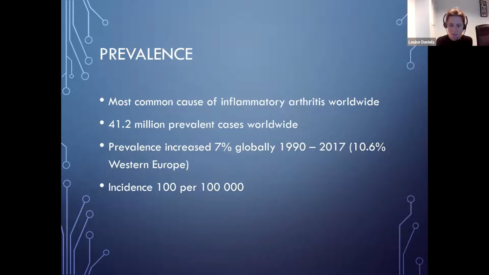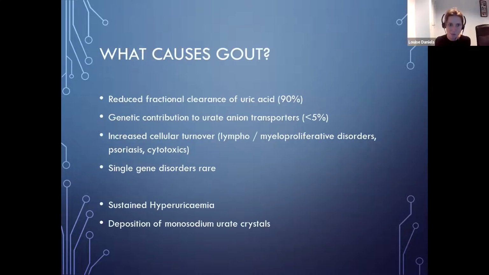There was a recent paper published which estimated over 41 million cases worldwide, and that prevalence has increased since the last study date in 1990, globally by 7%, and in Western Europe, which we're included in, by over 10%, nearly 11%. The incidence is around 100 in 100,000 people.